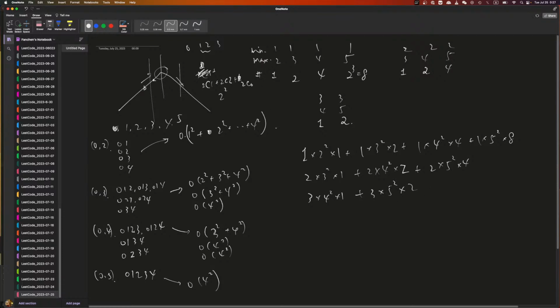And you can even say 1 on 1, but you cannot really do that. Let's ignore this. And then, of course, plus 1, 2, 3, 4, and 5.